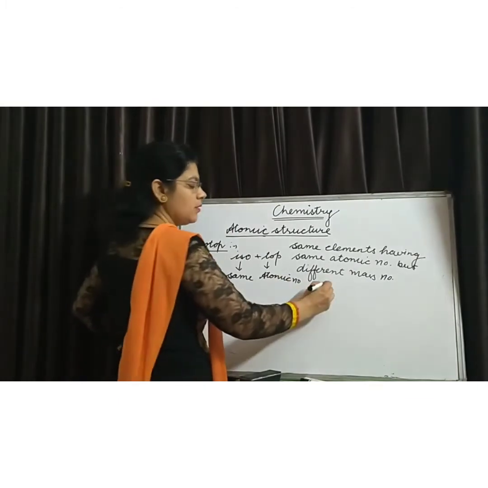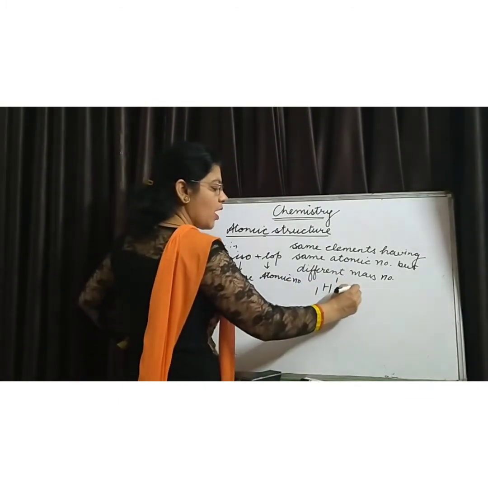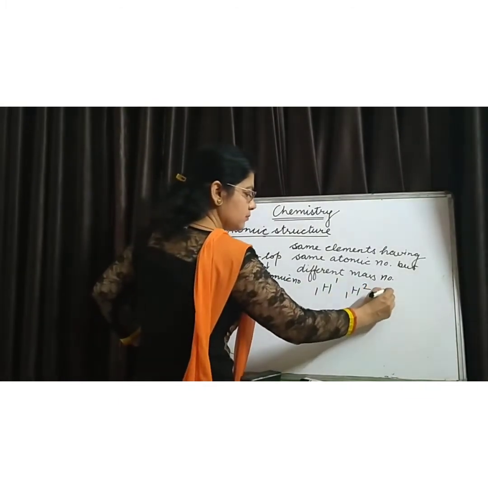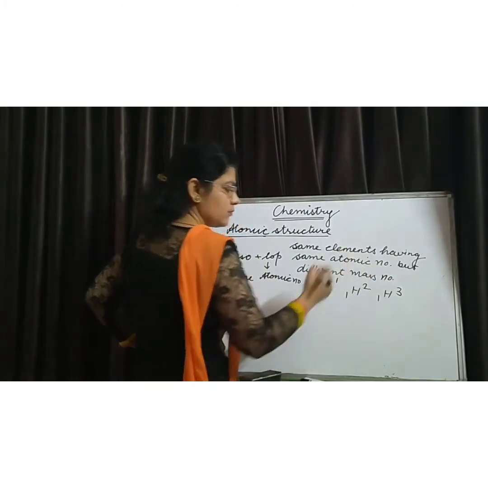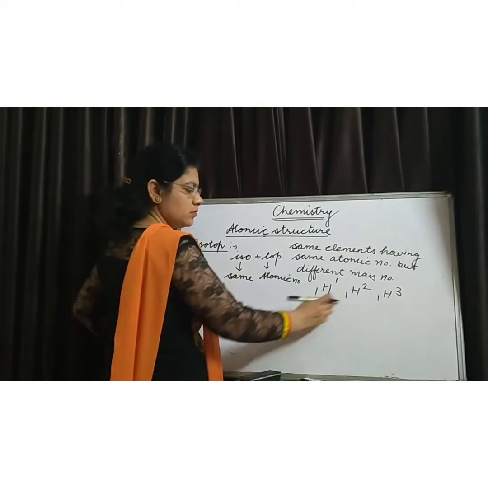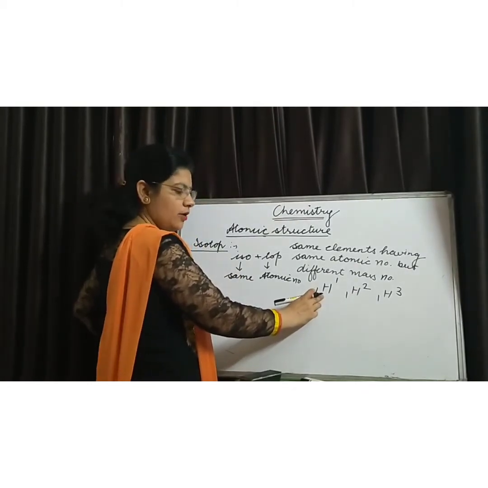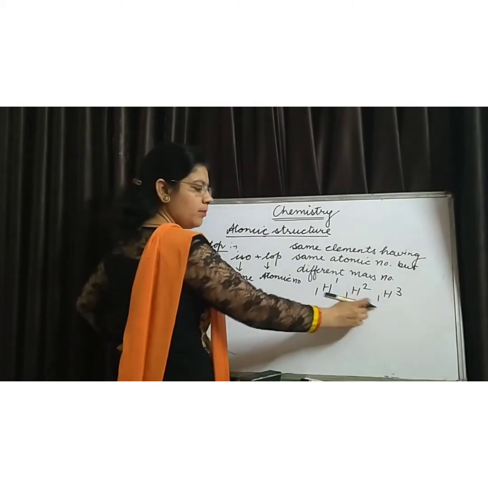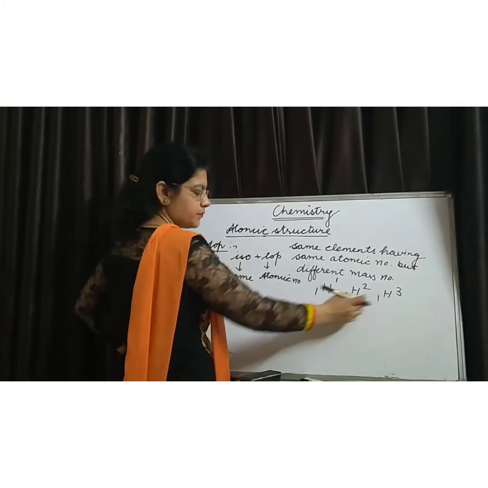For example, the isotopes of hydrogen. There are three isotopes of hydrogen named protium, deuterium and tritium.